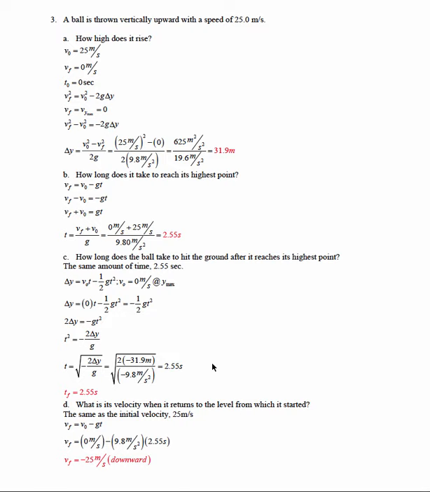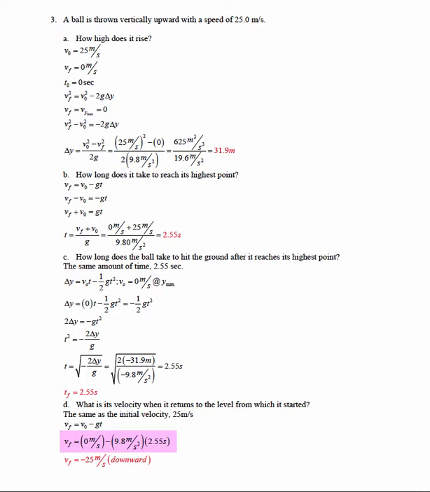The last part then says, what is its final velocity when it returns to level from where it started? Again, this is the same as the initial velocity, 25 meters per second. If we want to prove this, we can take the velocity final equals the velocity initial minus gravity times time.